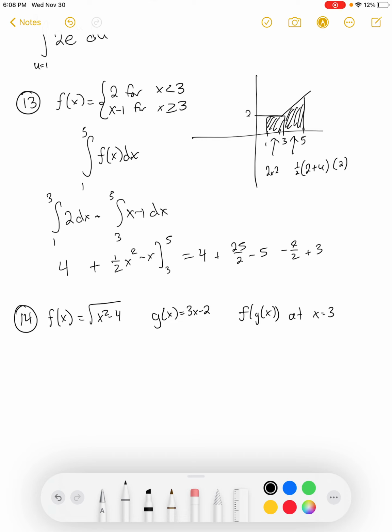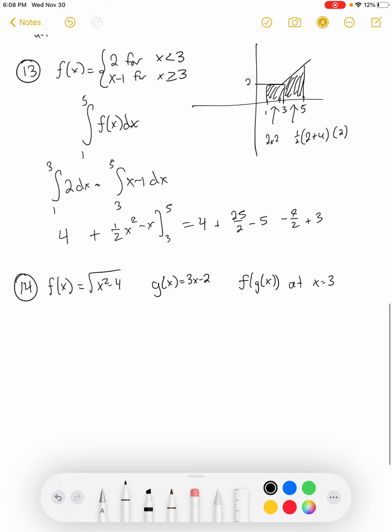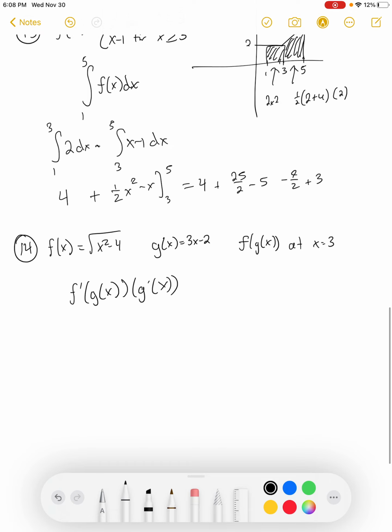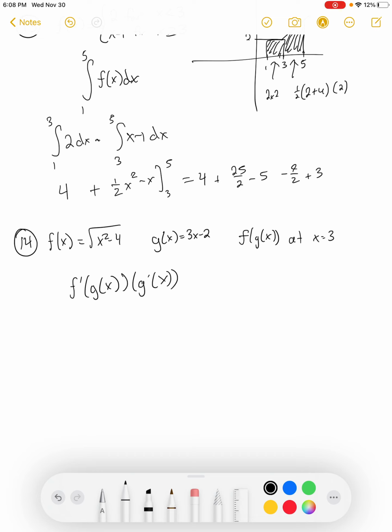All right. We know by the chain rule that the derivative of f of g of x is f prime of g of x times g prime of x. F prime of the square root of x squared minus 4 is just going to be 1/2 over the square root, where instead of x we plug in g of x: 3x minus 2 squared minus 4.